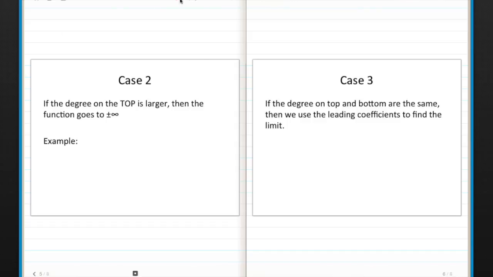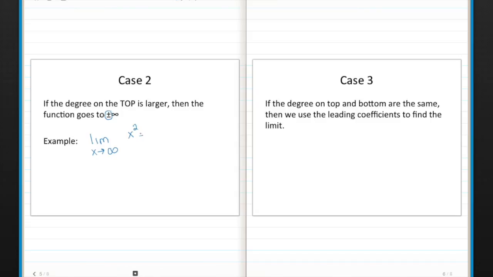All right, in case number 2, if the degree on top is larger, then the function goes to positive or negative infinity. So let's look at an example of when the degree on top is larger. And in a few moments, we'll talk about how to know if it goes to positive or negative infinity.